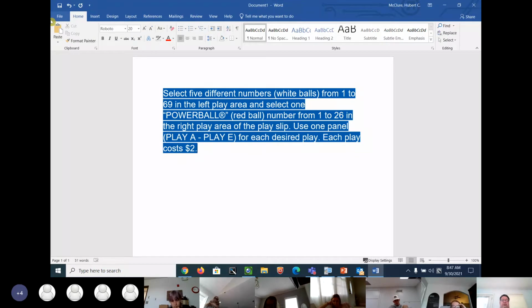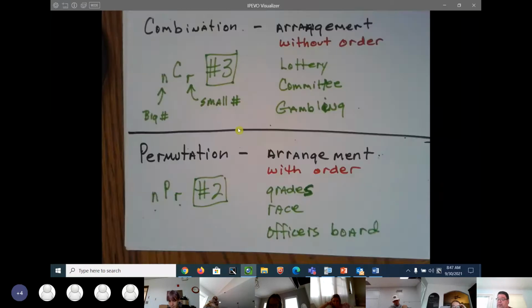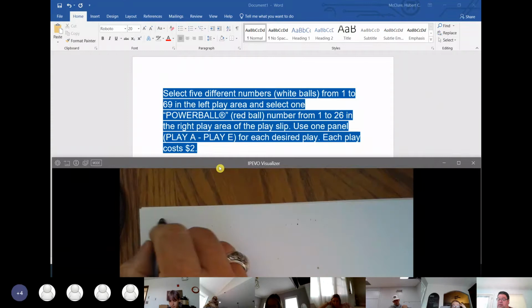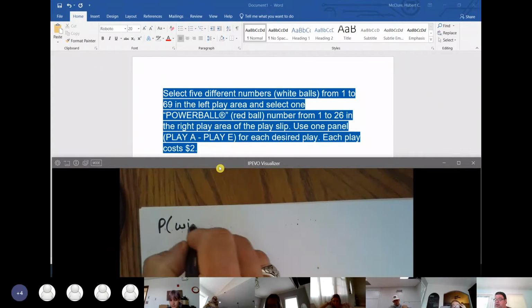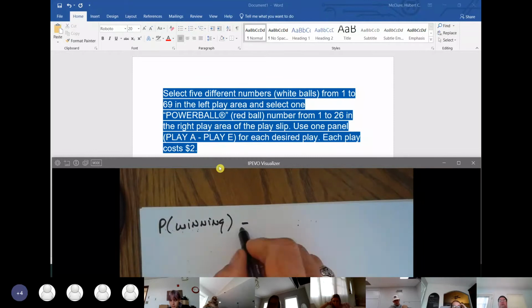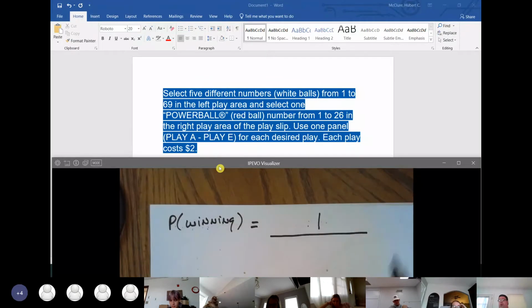So when the question asks you, what is the probability of winning the lottery? They're going to assume that you bought at least one ticket.